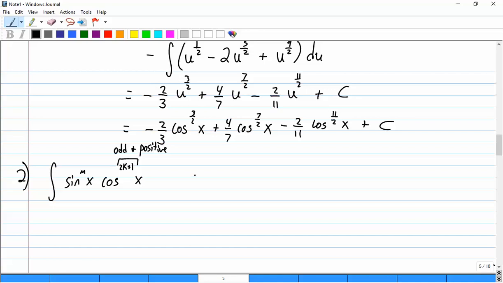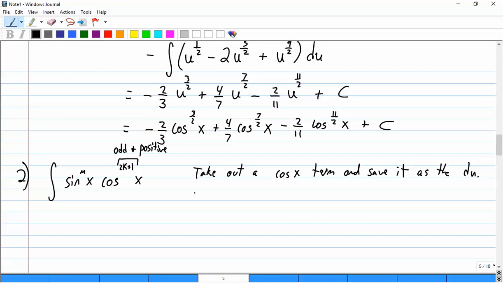All right, then we're going to do something very similar. We're going to take out a cosine of x term and save it as the du.